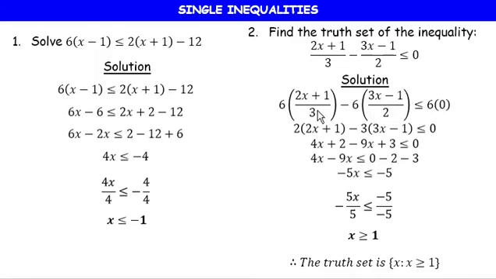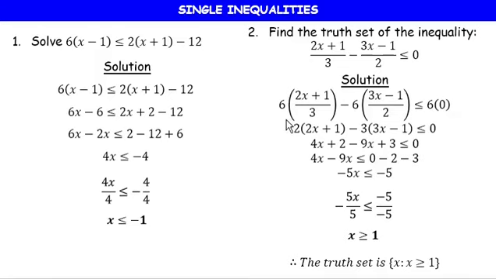Right? So here the LCM becomes 6. So you're going to multiply each term by the LCM 6. So you're going to have 6 multiplying the expression 2x plus 1 all over 3 minus 6 multiplying the expression 3x minus 1 all over 2 less than or equal to 6 multiplying 0.